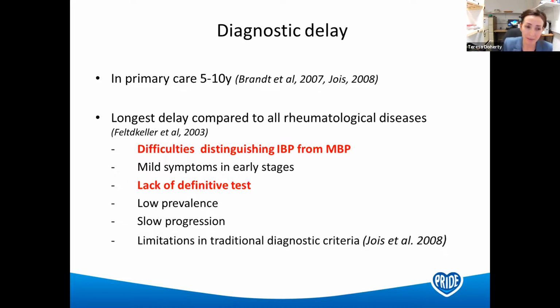And there is really no definitive test you can do. A blood test might be negative, they might fall into the 10% that doesn't have a HLA-B27 positive. You might have a normal MRI scan. We'll go to that in a little while. It has a low prevalence, the progression can be slow, and the traditional diagnostic criteria can have their own limitations.